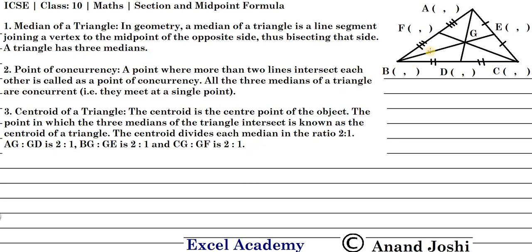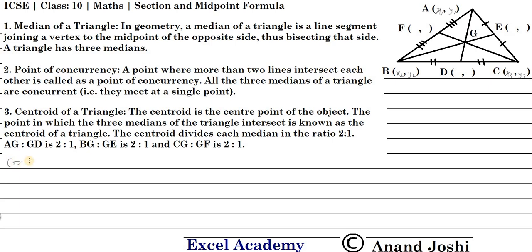And if the three vertices of a triangle are given, we can easily find out the coordinates of the centroid. So for a moment, let us say A is (x1, y1), B is (x2, y2), and C is (x3, y3). These are the three vertices of the triangle whose coordinates are known.